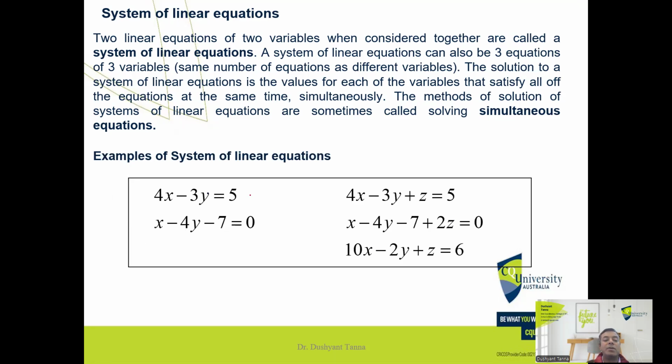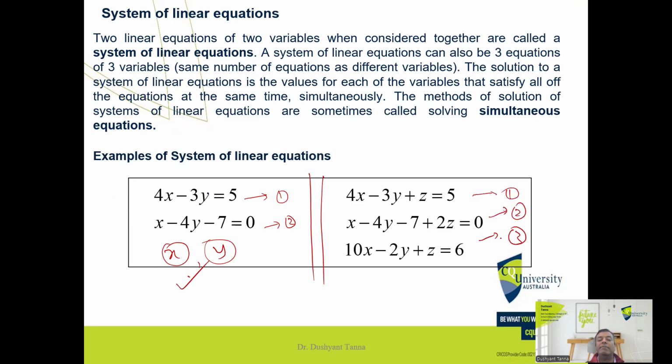We see here that there are two equations. We call them equation 1 and 2. And obviously, we see two variables x and y. 2 variables, 2 equations, happy days, no problem. 3 equations and 3 variables x, y, and z. Bit tough days, but still manageable.